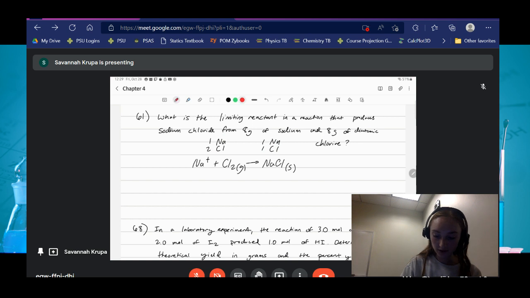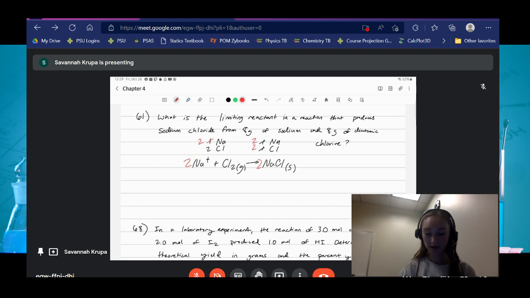So if we put a 2 in front of the sodium chloride, that changes us to 2 of each, but now we don't have enough sodium on the left, so all we have to do is put a 2 here, and then this reaction is balanced. So we have 2 sodium ions, 1 molecule of diatomic chlorine, and it produces 2 sodium chloride compounds.